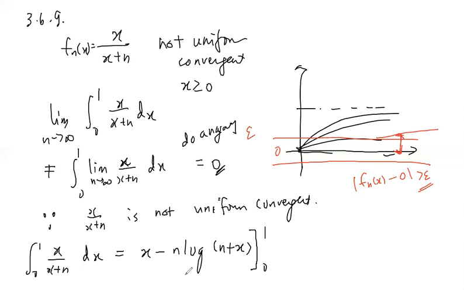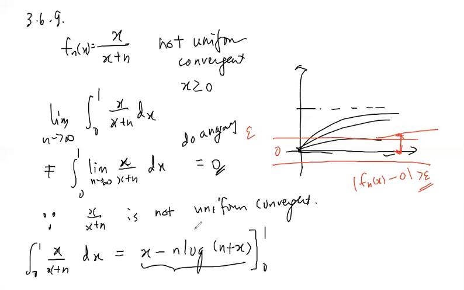This integral is given by the following. This is some year 1 calculus material. You can check that if you take the derivative on this part, you will actually recover x over x plus n.